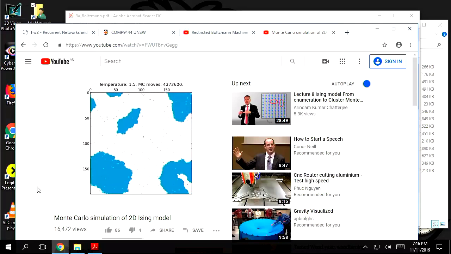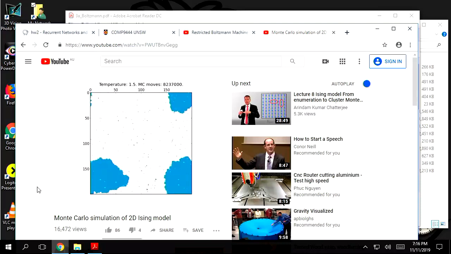These things gradually agglomerate into bigger and bigger blobs, but eventually the smaller blobs will disappear. You see that smaller blob just gradually gets wiped out. Normally it happens in 3 dimensions, of course, but the same kind of thing can be observed here in 2 dimensions.